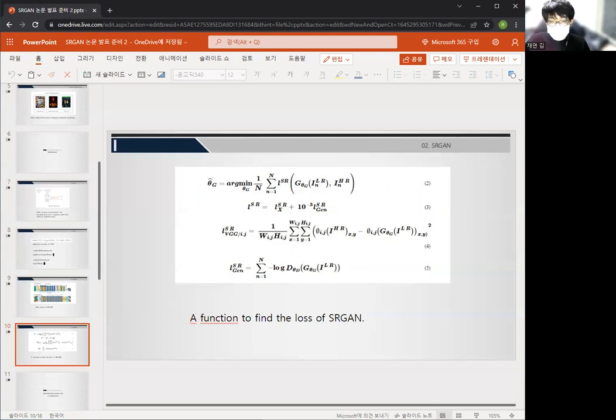The final loss value is calculated by substituting the content loss equation 4 and the adversarial loss equation 5, respectively, through equation 3.